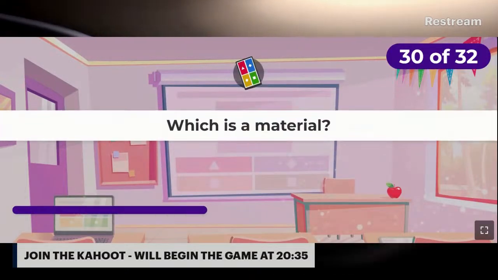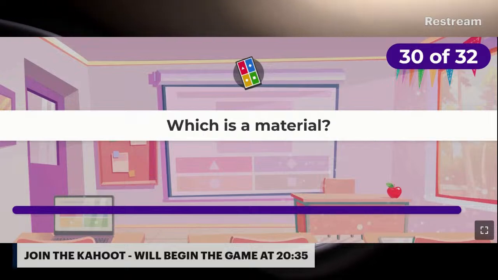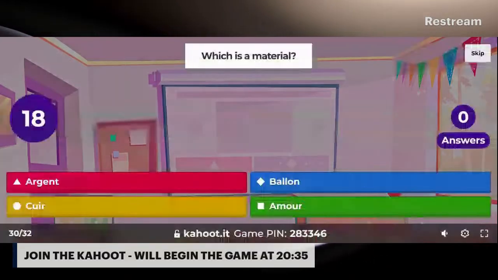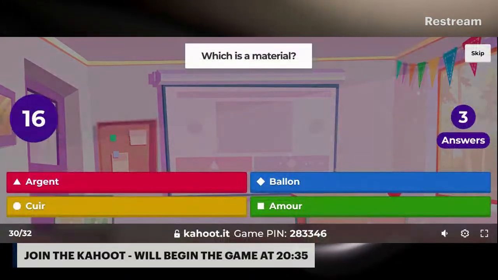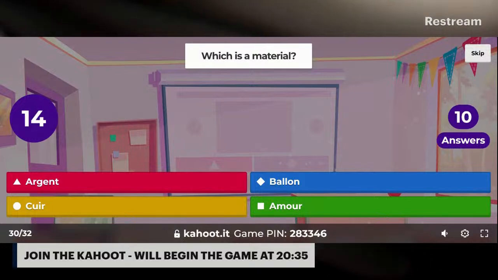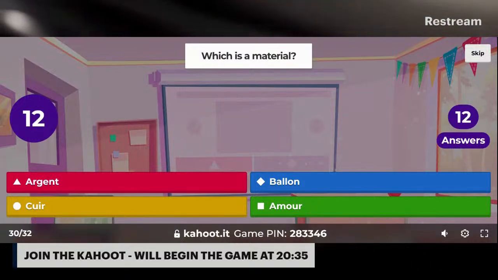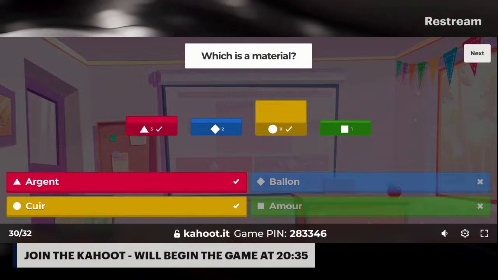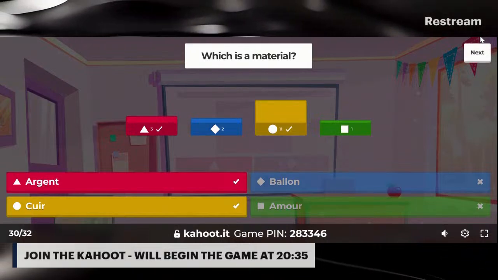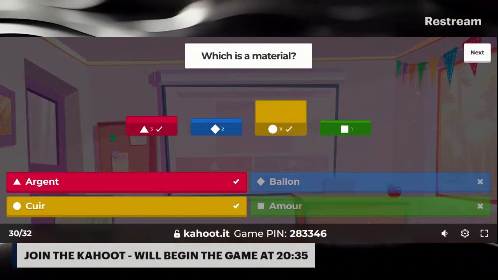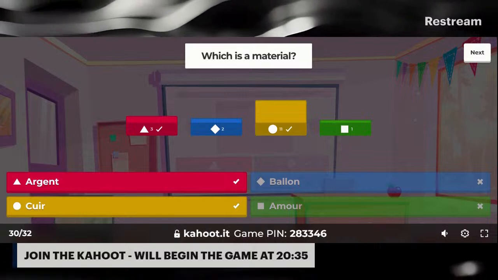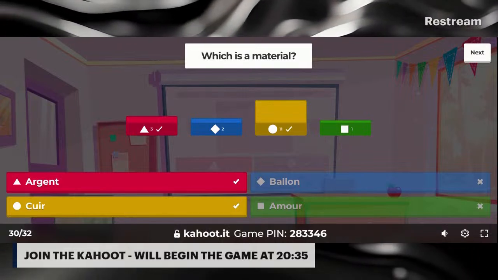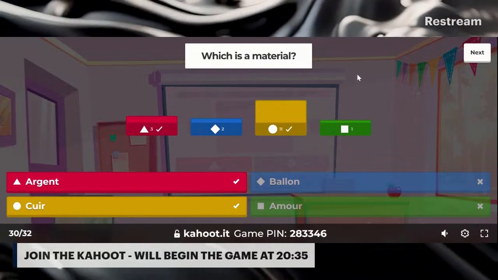Next, what is a material? Argent, ballon, cuir, or amour? Yep, the answer to that was là-bas. Well done, important, and Carlane who got that. So it could be argent or cuir. So argent typically means money, and cuir means leather.